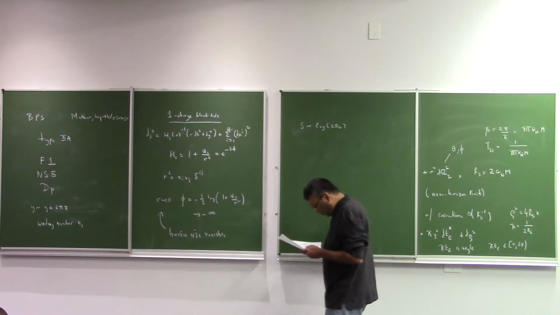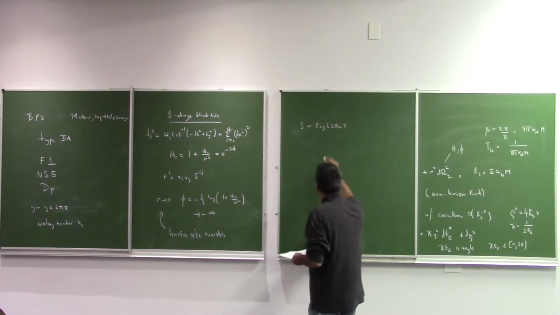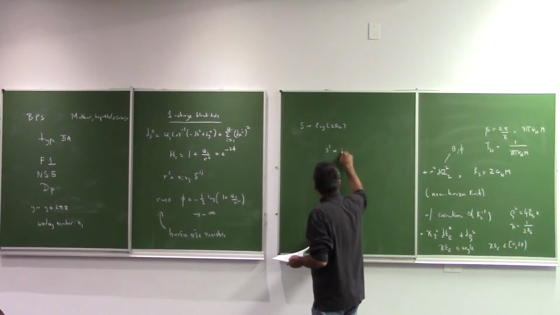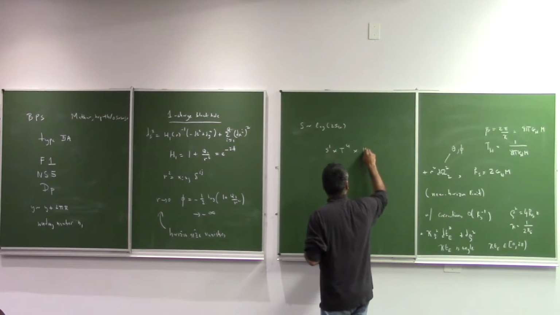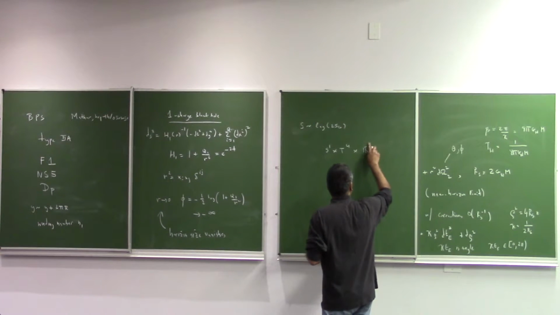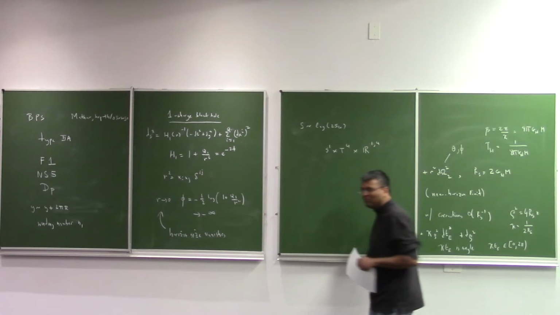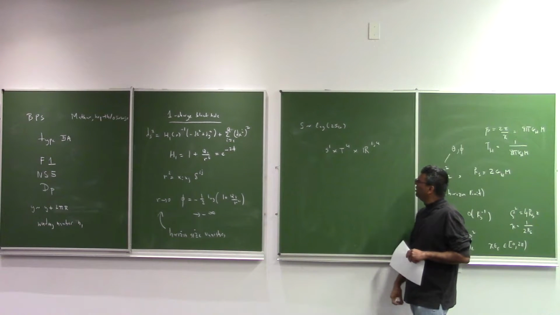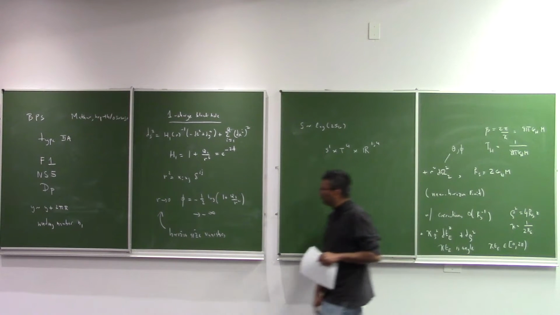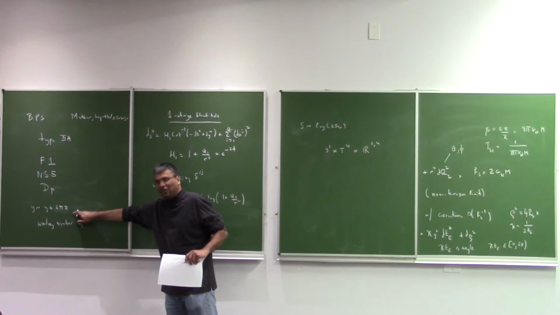Okay. So for the two-charge system, let's consider the space-time, which is S1 cross T4 cross R5, or R1,4 if you like. So S1 is just a circle direction. It's the same circle we had previously.